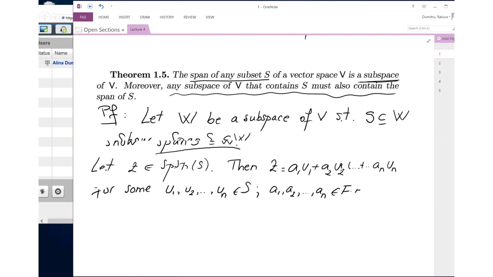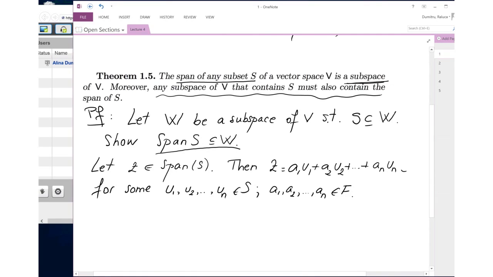All right, so the question now is, why does that sum belong to W?